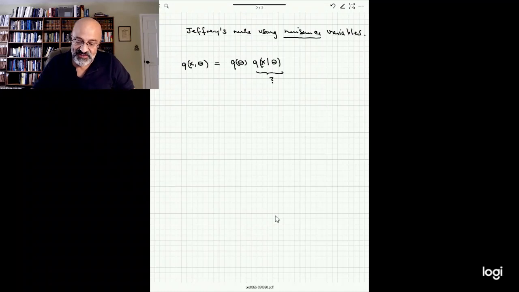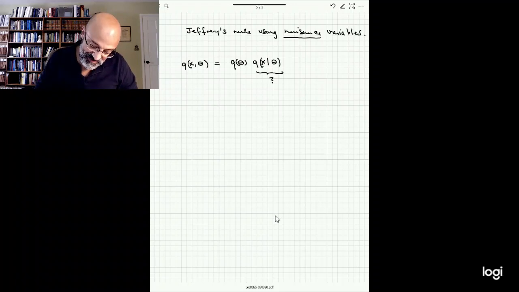What is this? It could be that the connection between x and theta is through some other variables. So let me write these other variables as follows.